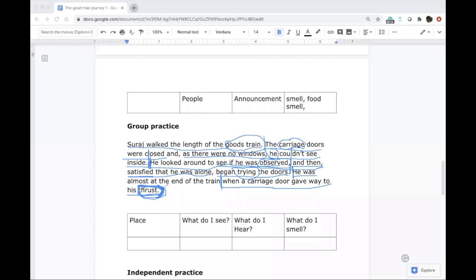That's a good guess. That's a very logical guess. But I think thrust means a slightly different thing. Srinivas, do you want to take a different guess? Yeah, a carriage door was opened. Why did it open?